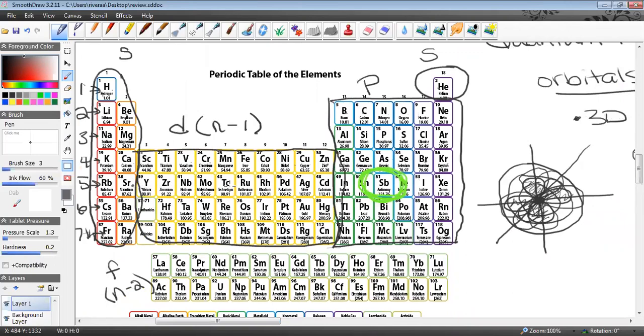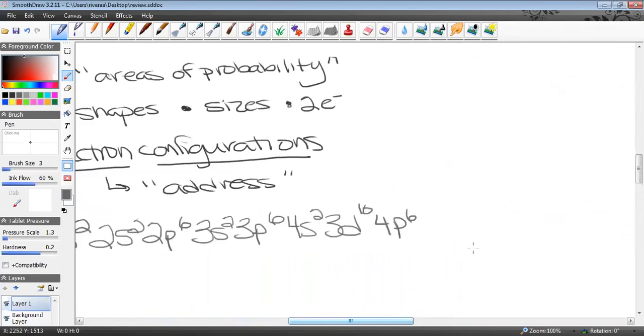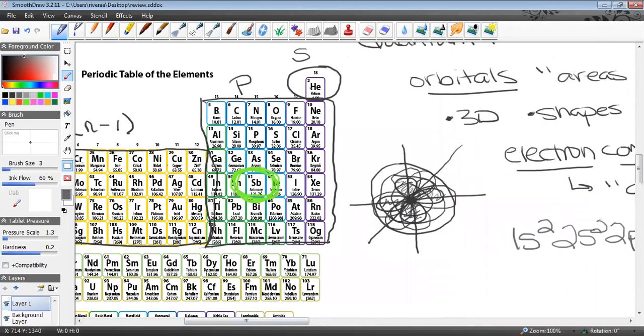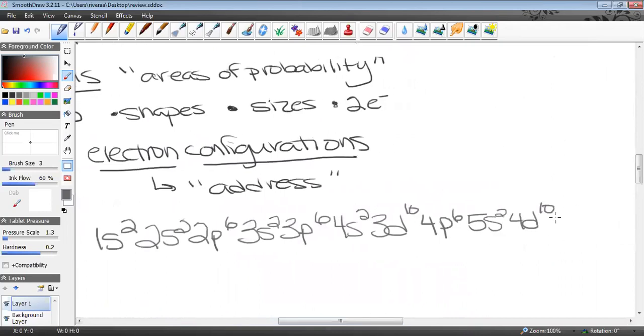And then 4d all the way across, 4d10. 5s2, 4d10. And then keep going. Now we're in the 4p, 1, 2, 3. I mean 5p, sorry. 5p3.